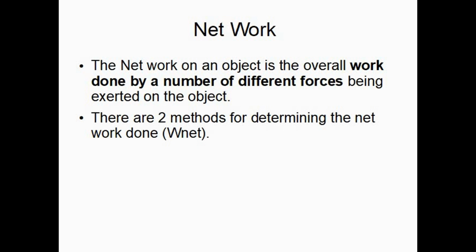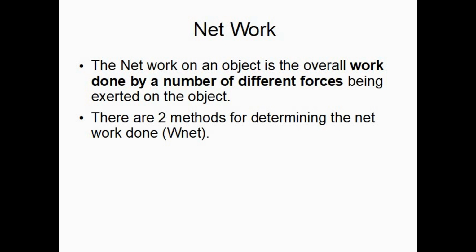Throughout physics from grade 10 all the way up to grade 12, we have heard the word net, and by now I'm sure we all know that net means overall or total when we're talking about net work. So net work is the overall or total work done by a number of different forces being exerted on the object.